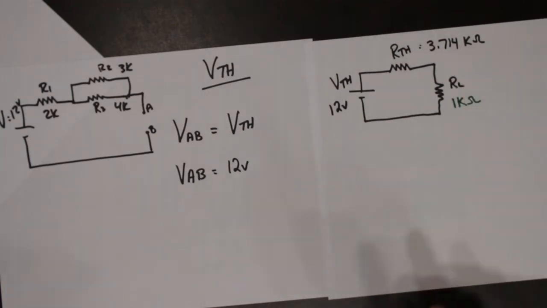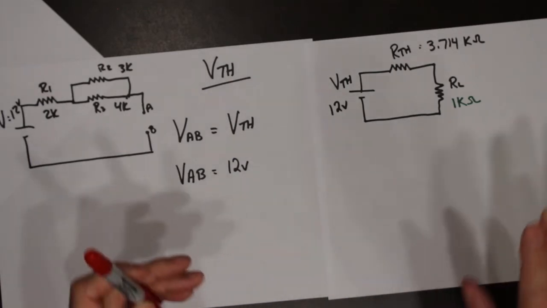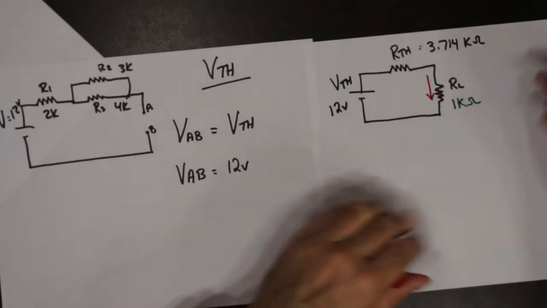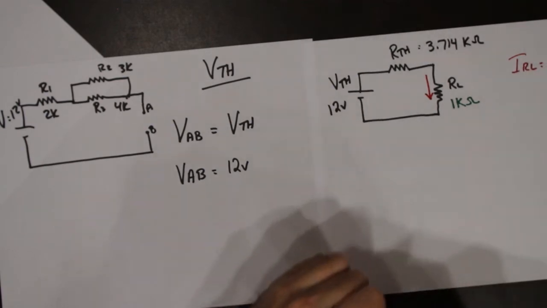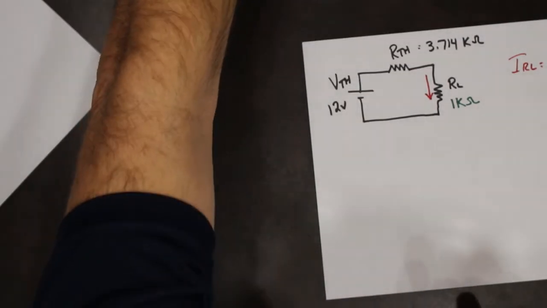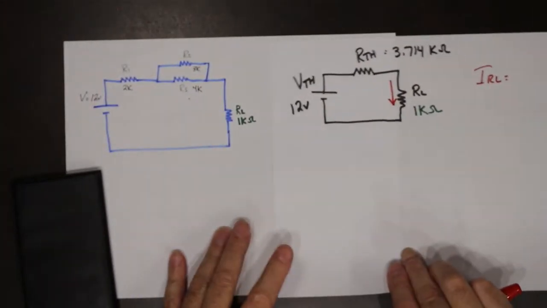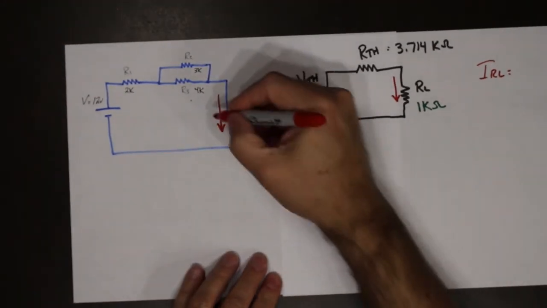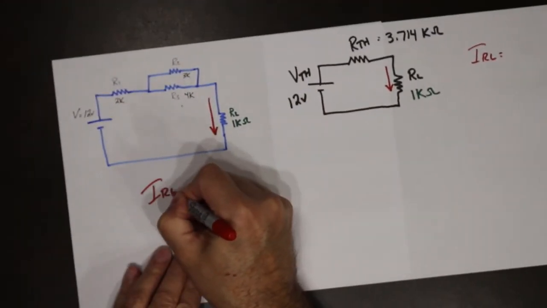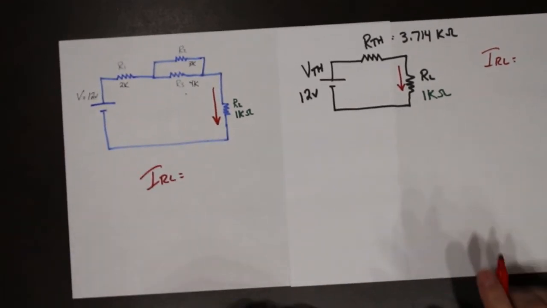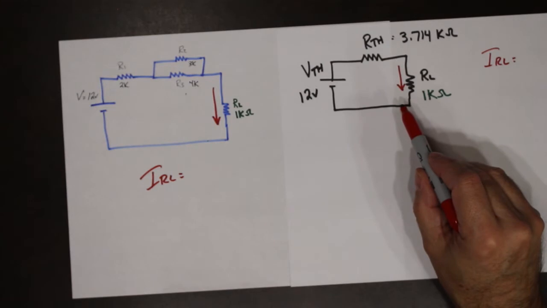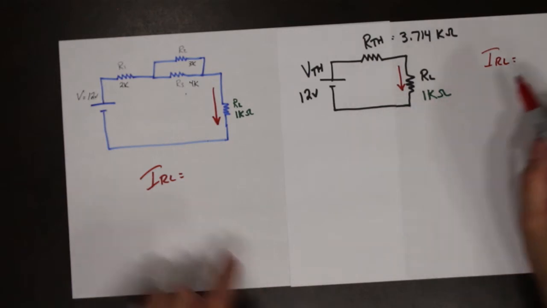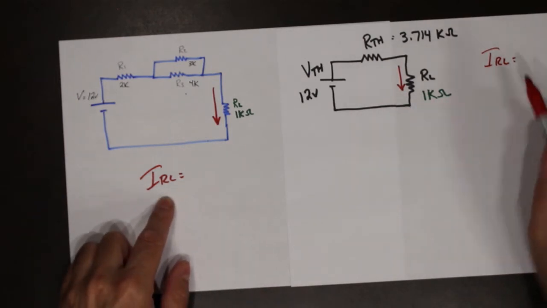Now, if this was correct, if I was to calculate the current through the load, IRL, and I went back to the original circuit and calculated the current through the load, IRL, if this is truly the equivalent circuit, then that means these two currents must be identical.